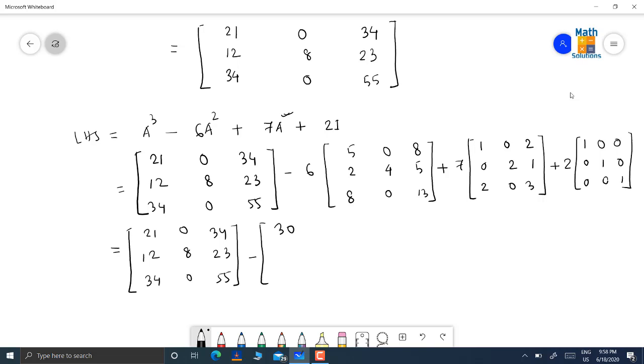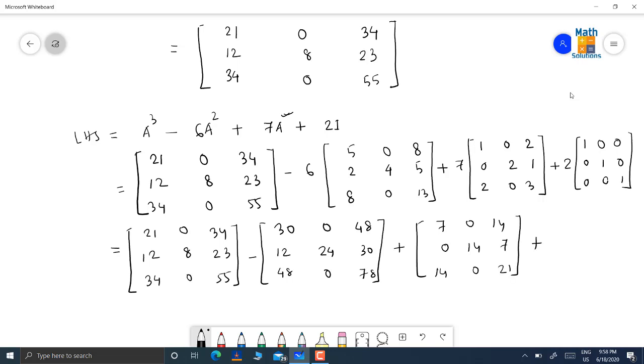So this will be 30, then 0, then 48, then 12, 6 twos are 12, then 24, then 30 again, then 48, then 0, then 78. Then what do I get here? 7, 0, 14, 0, 14, 7, then 14, 0, 21.